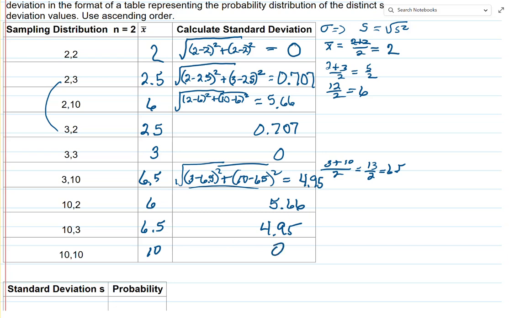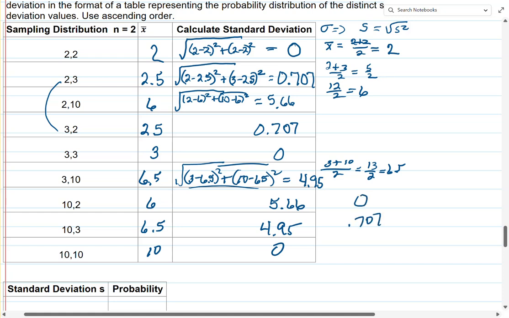All right. So what are my values? 0, 0.707. Oops, I have a 5.66. Sorry about that. No, I was right. That was a decimal. 0.707, 4.95, and 5.66.